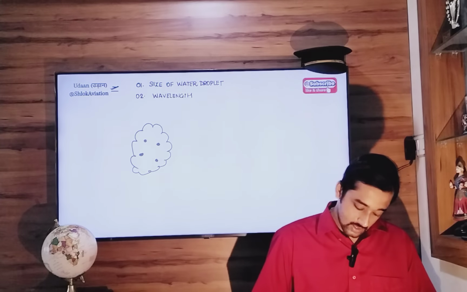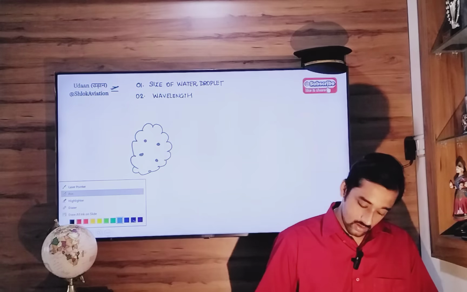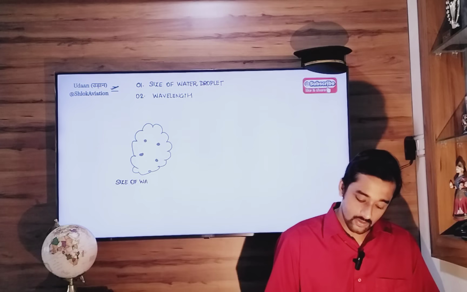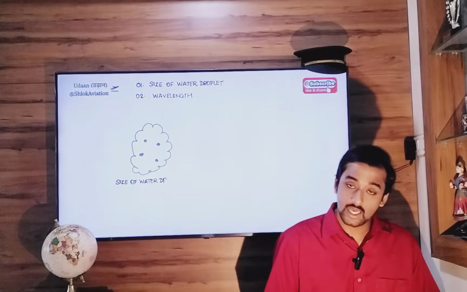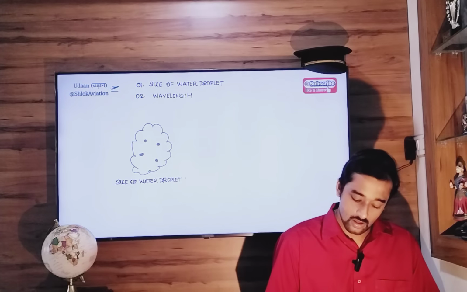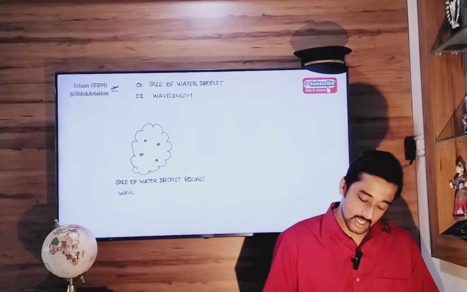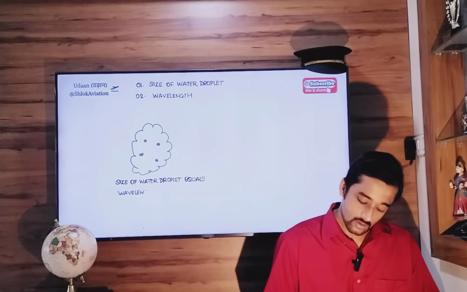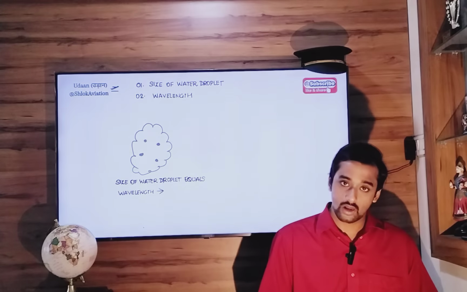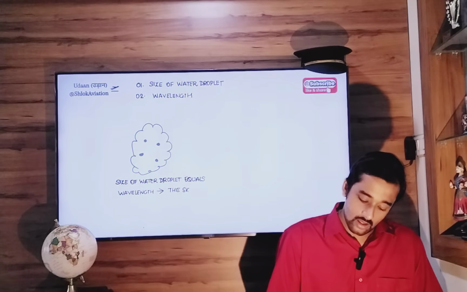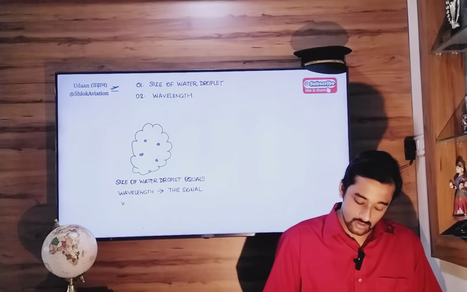When the size of the water droplet is equal to the wavelength of the radar signal, the signal will get reflected.